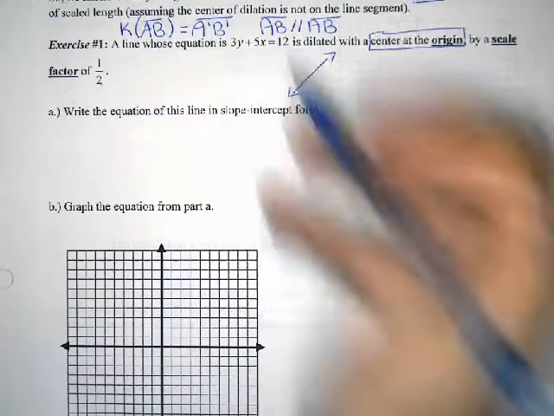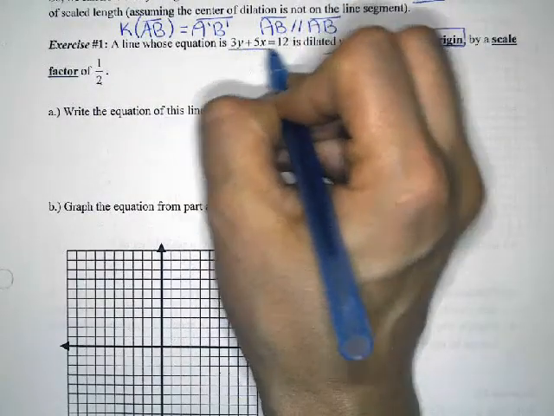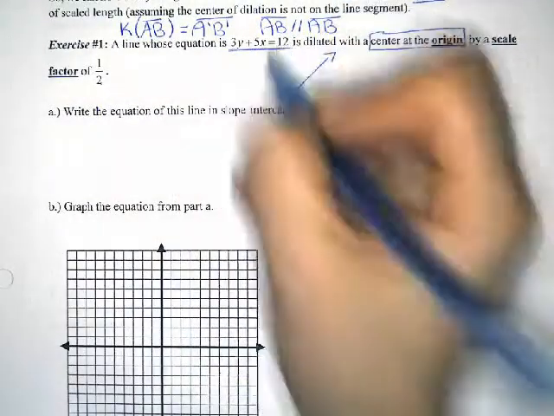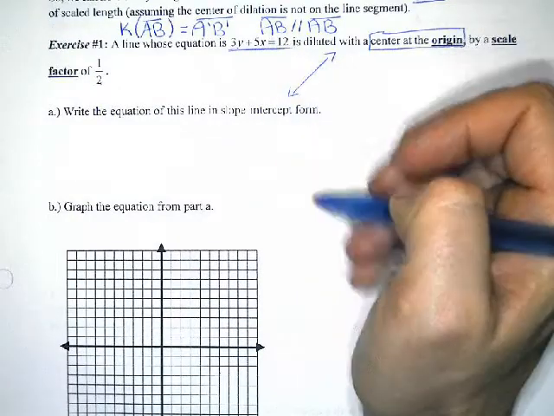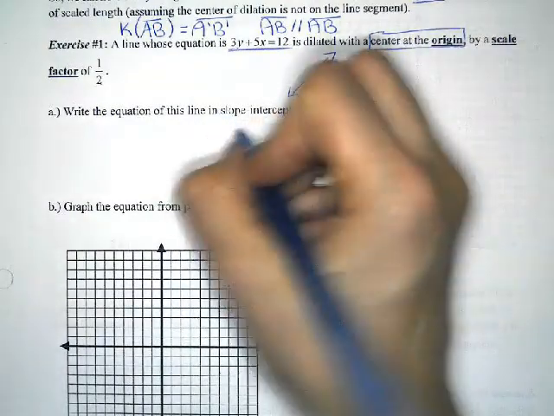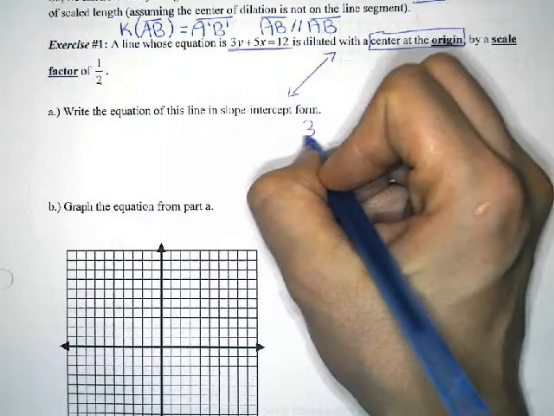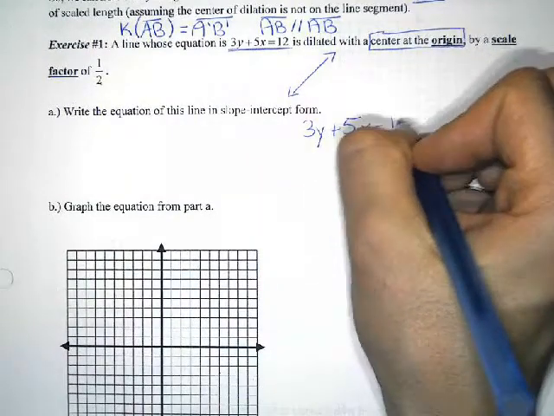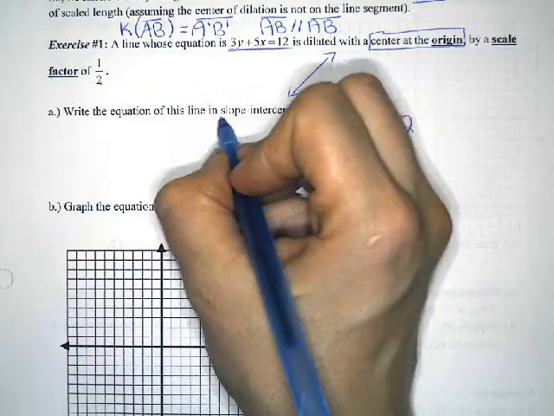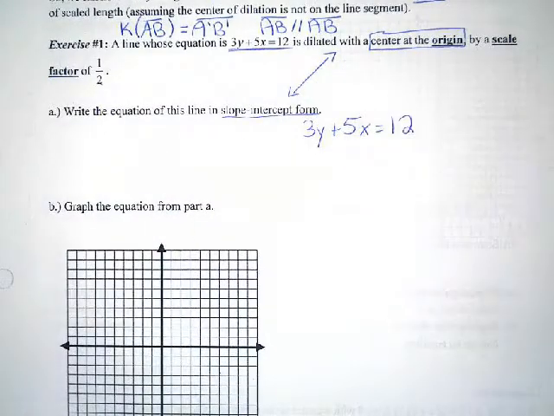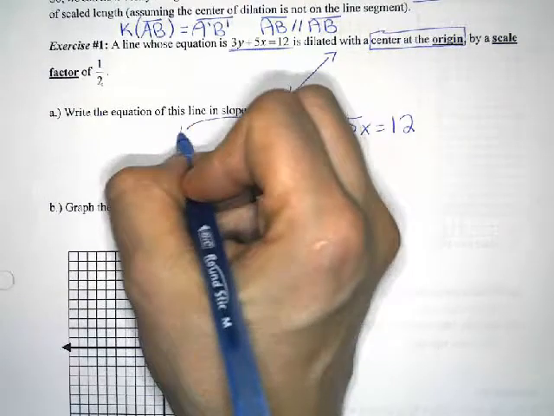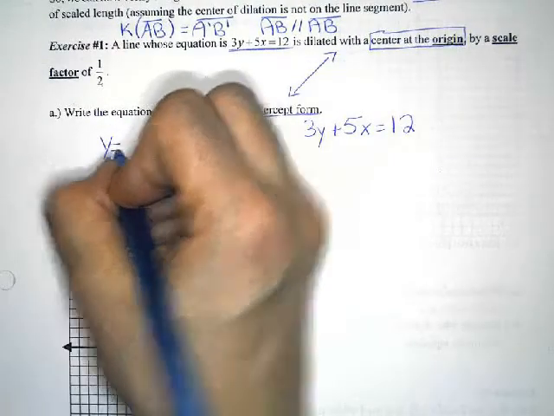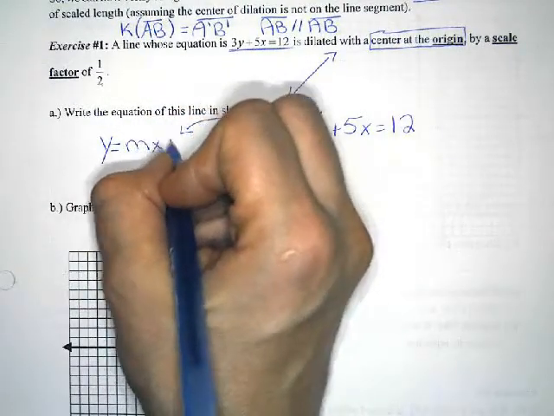Okay, first off, if looking at a linear equation, we can't graph it until it's in y equals form. So I'm going to take my equation, 3y plus 5x equals 12, and put it into what they called slope-intercept form. Now remember, slope-intercept form is what you're used to, y equals mx plus b.